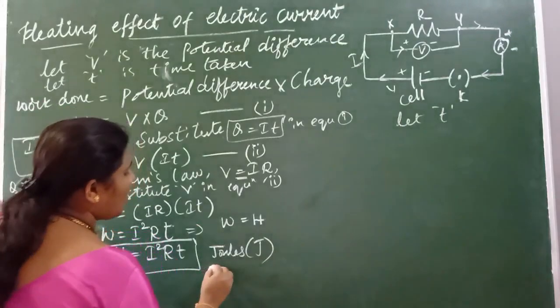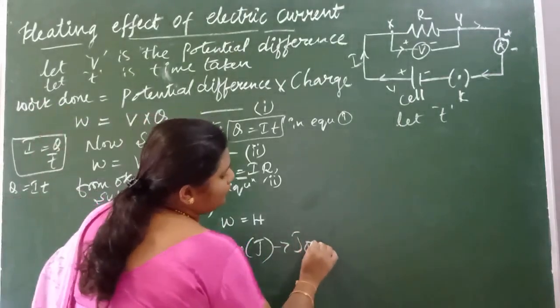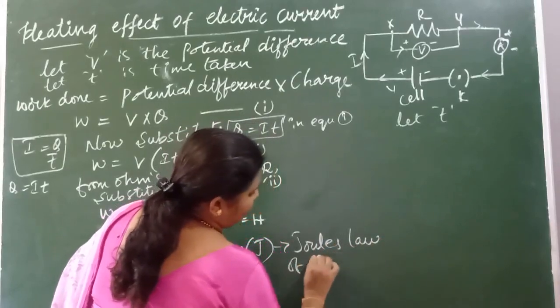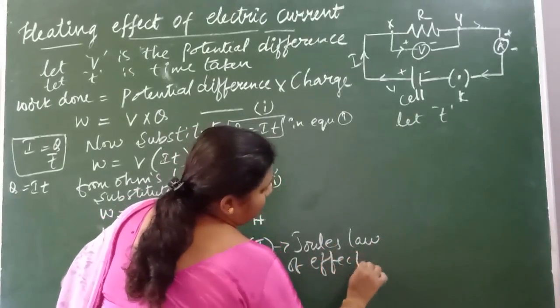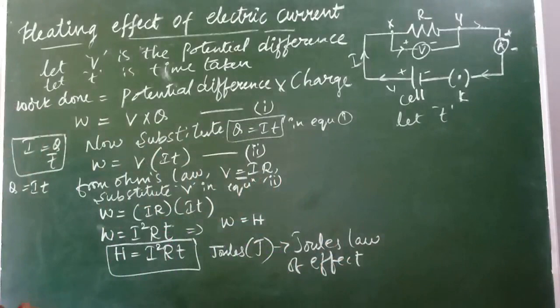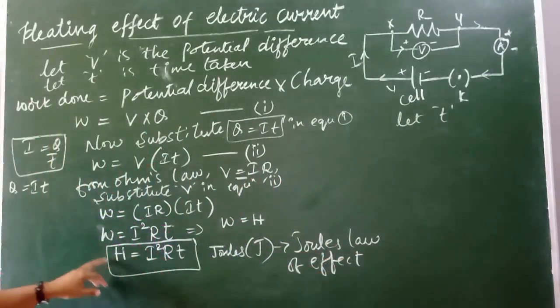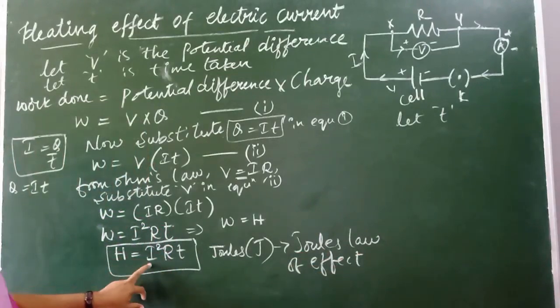This is called what? Joule's law of heating. Isn't it, children? What does Joule's law state, children? The amount of heat produced or the work done is equal to the square of the electric current, resistance and time.